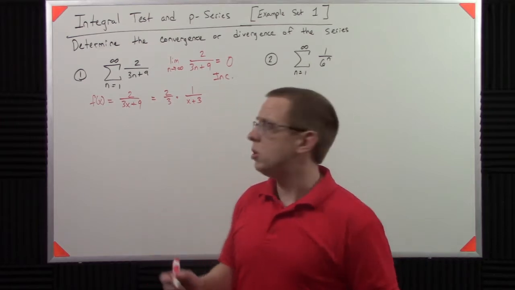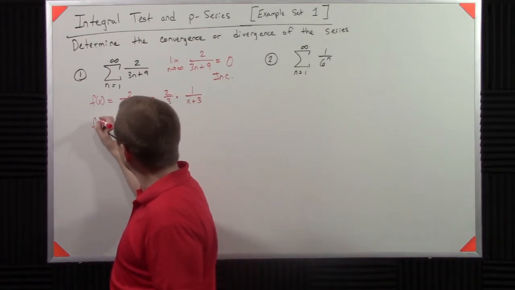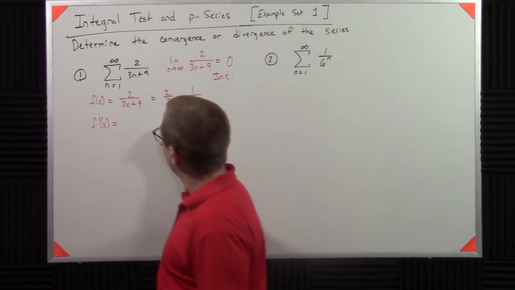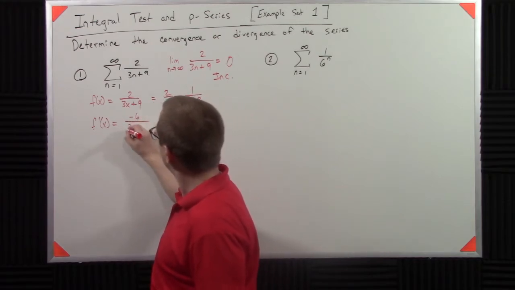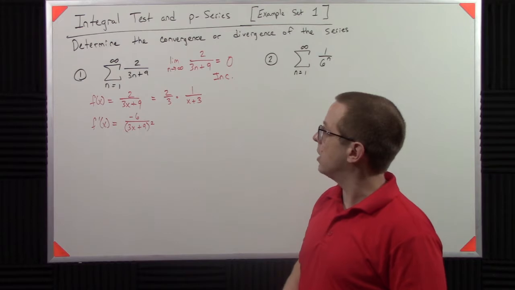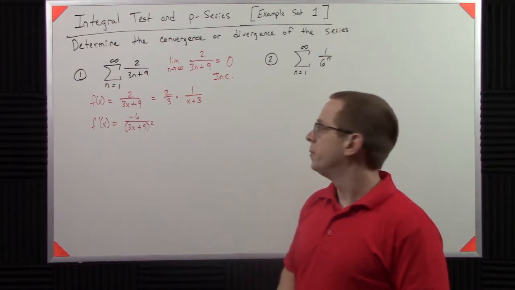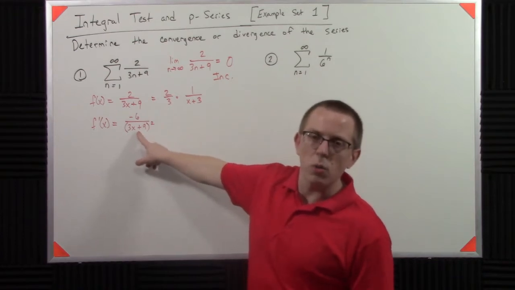So what you could do is say, all right, well, I'm going to take a derivative. F prime of x is, I believe, negative 6 over 3x plus 9 squared. Now if you do this, that squared is always positive.